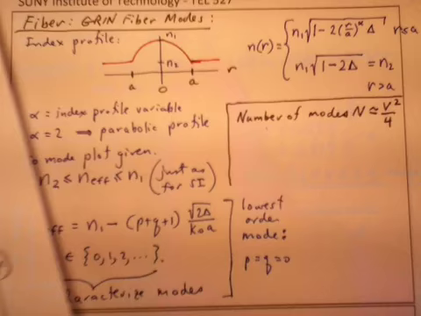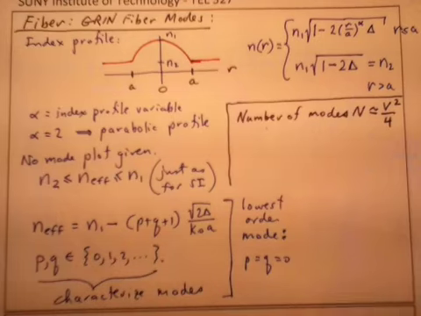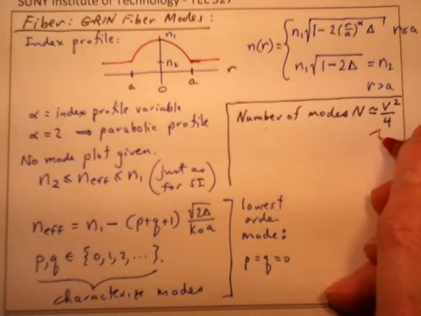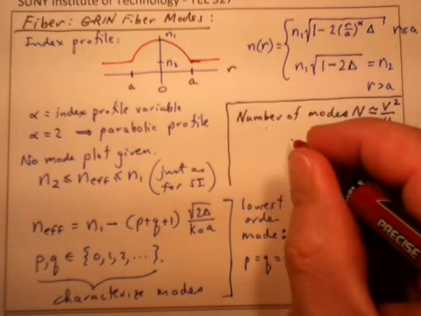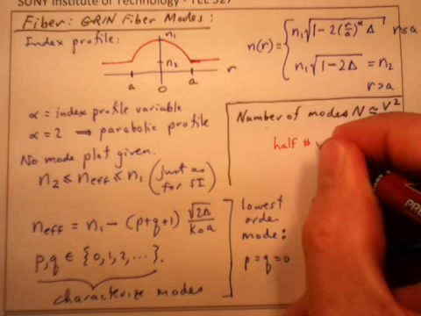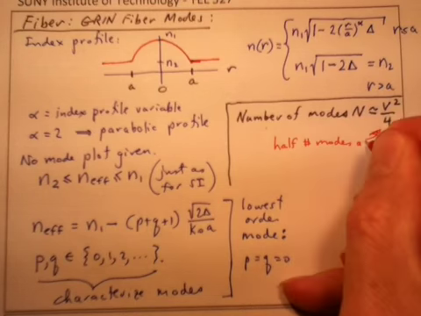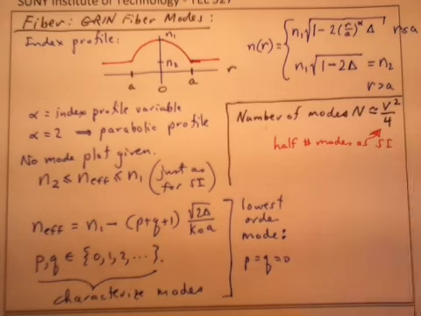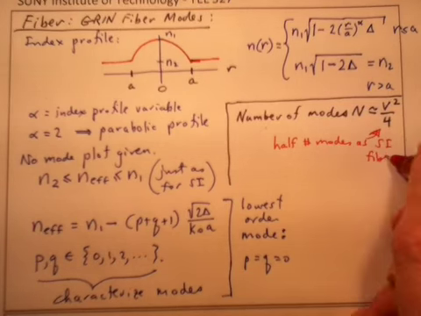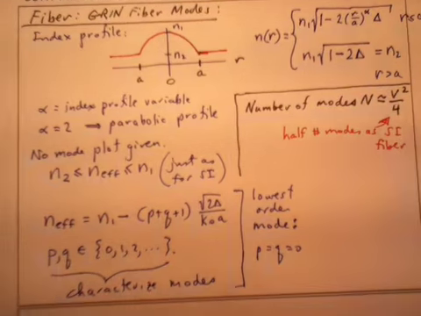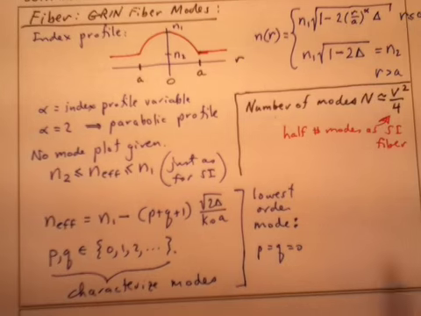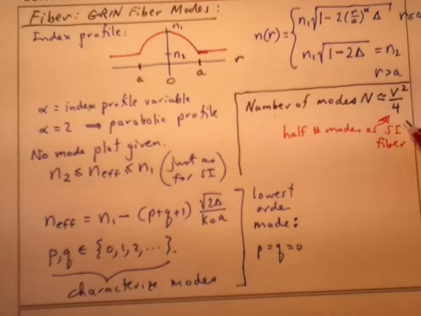Here we've got V squared over 4. So this is roughly half the number of modes as a step index fiber with the same V value. And that's one of the reasons that GRIN fibers are used for multimode fibers, because they have fewer modes, and therefore, as we'll see in the equations in the next couple of videos, they have much lower pulse distortion, or less delta tau.